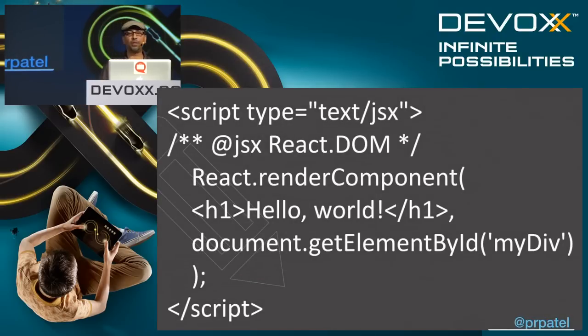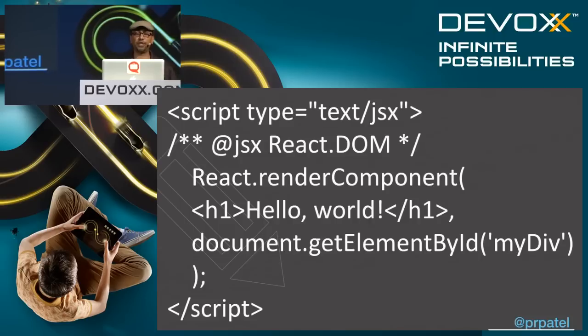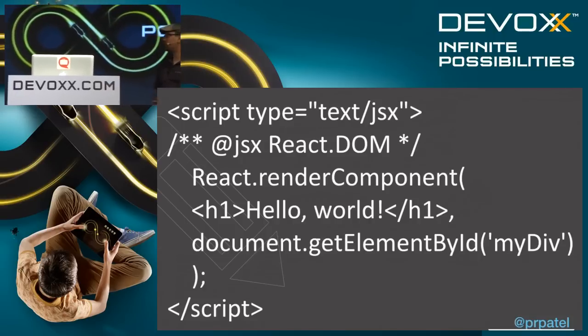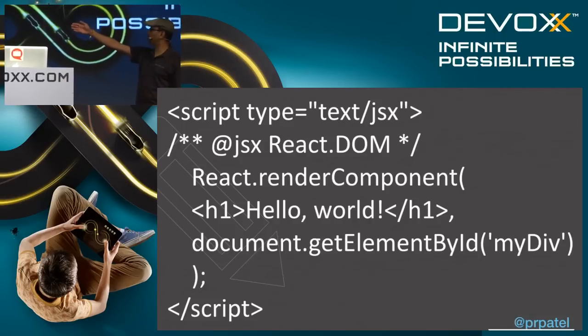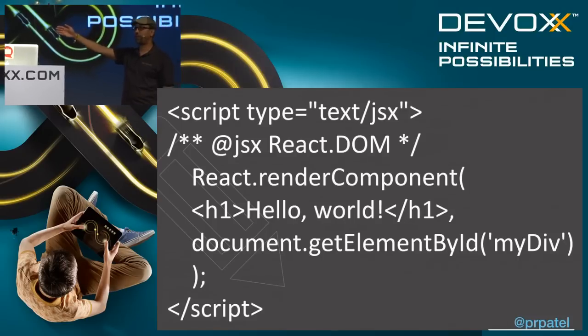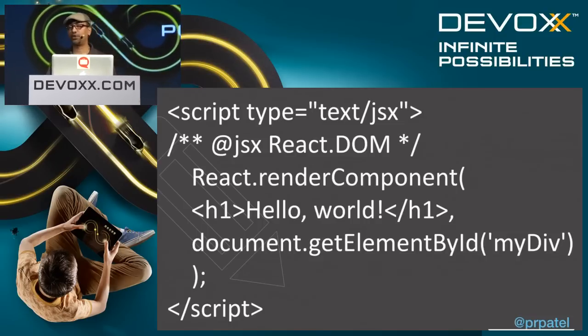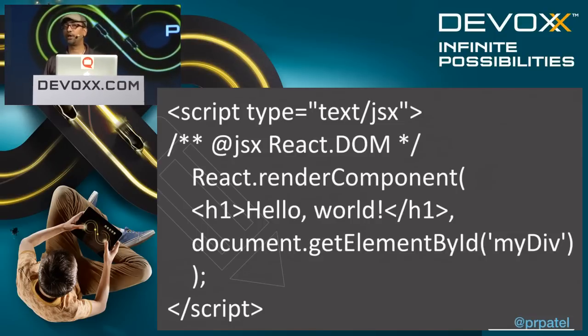Right, so what we do is we have a couple of things going on here. First thing is on the first line where it says script type equals text/JSX, you can see that we've introduced a new type, or essentially a new script type here. And then immediately below it, there's this /** @JSX React.dom.